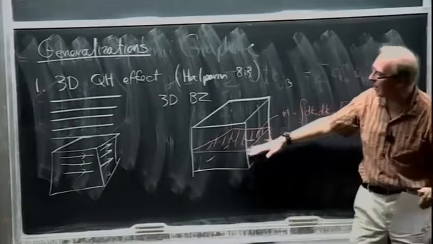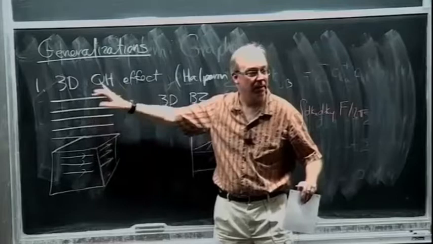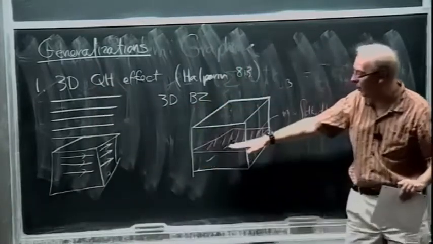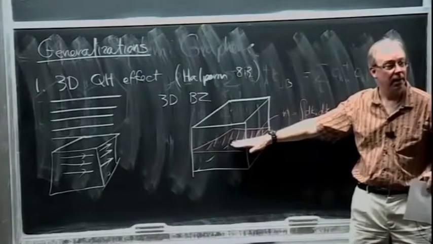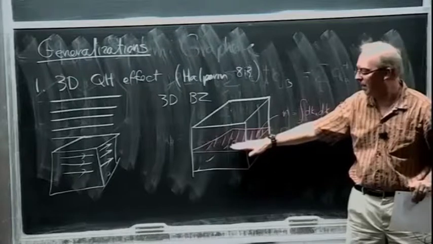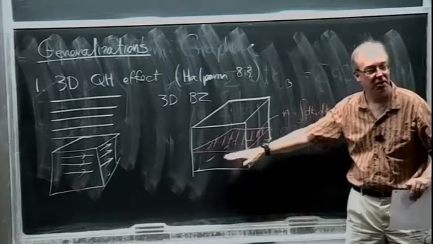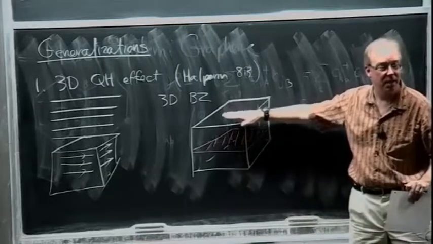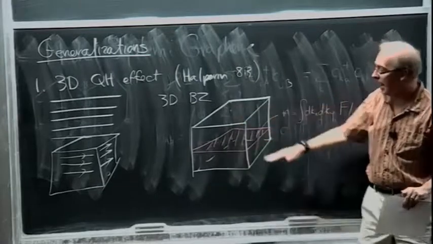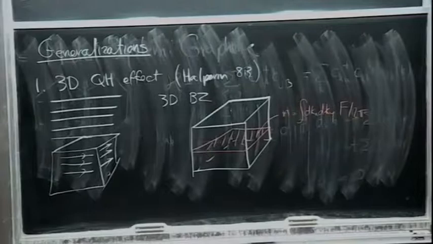And in fact, even if I start coupling these layers together, so I can't think of them independently anymore, and I really have a 3-dimensional band structure, I could evaluate this Chern number on a plane. And one thing I'm guaranteed, since the Chern number is a topological invariant, is that if I vary kz and look at the parallel planes at different heights, then the Chern number has to be the same. Okay, and so this Chern number characterizes this 3-dimensional band structure.